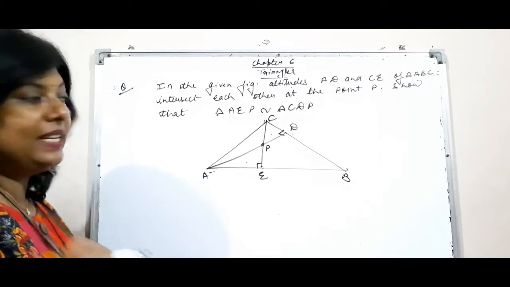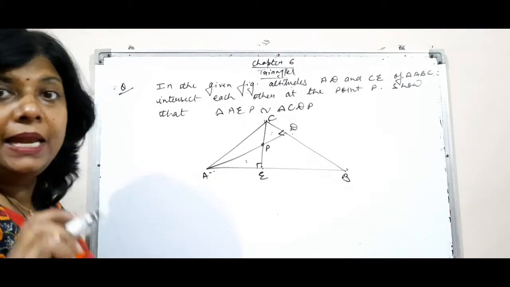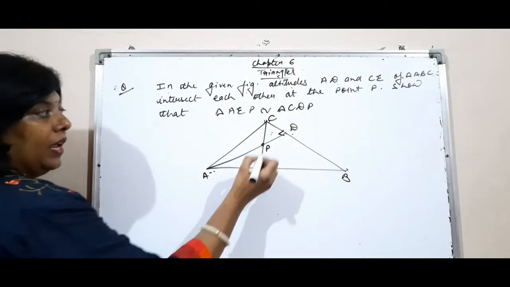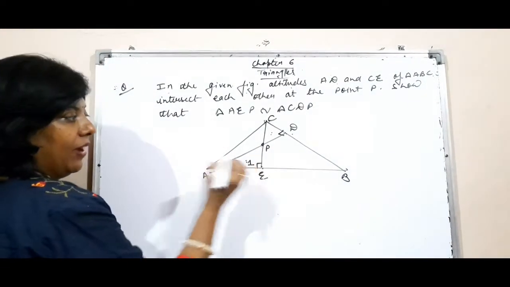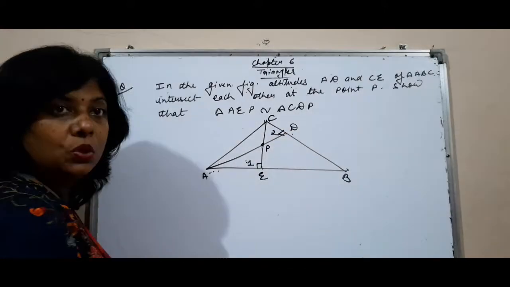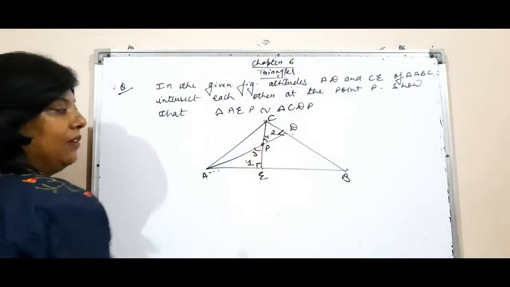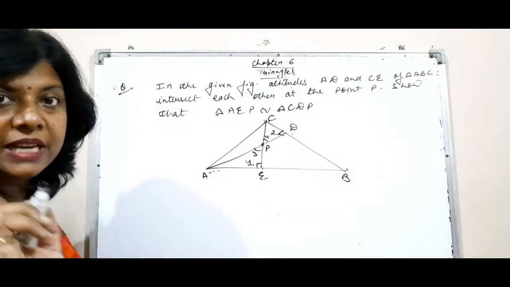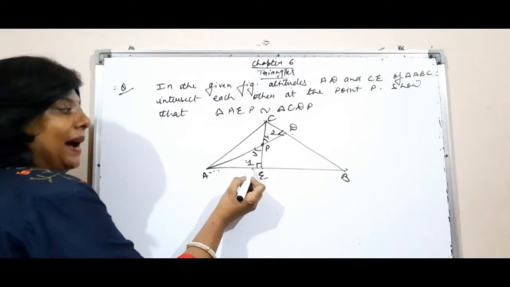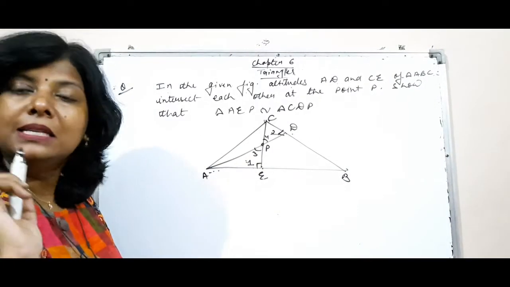How will you prove it that AEP is similar to triangle CDP? So AEP, angle 1. It is an altitude. Therefore, angle 1 equals to angle 2, each 90 degree. Angle 3 equals to angle 4, vertically opposite angles. So, by AA similarity, you can prove that these two triangles are similar.